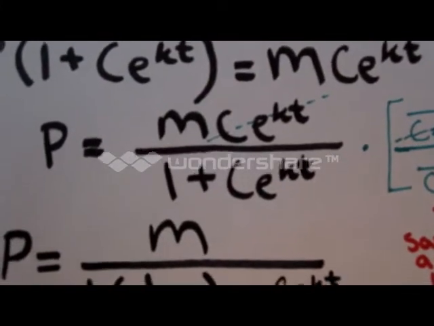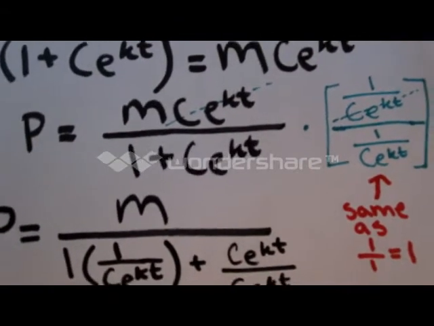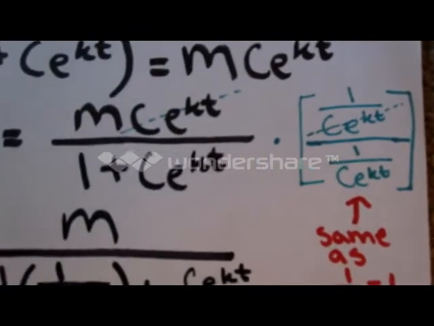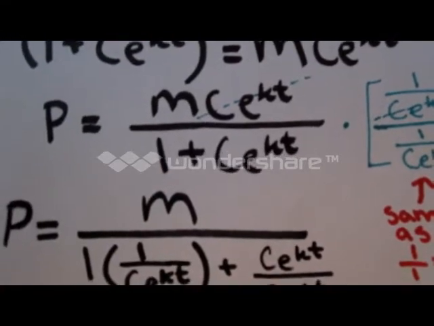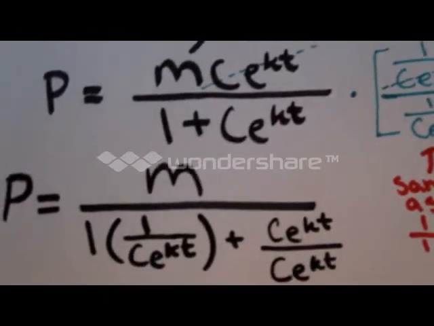You can multiply this equation by (1 over ce^kt) over (1 over ce^kt). That is the same as 1 over 1, so pretty much you're multiplying by 1, which will keep the equation the same, but it can get rid of the ce^kt on the top, because the 1 over ce^kt on the top of this equation can cancel out with this. So then you are left with 1 over ce^kt.